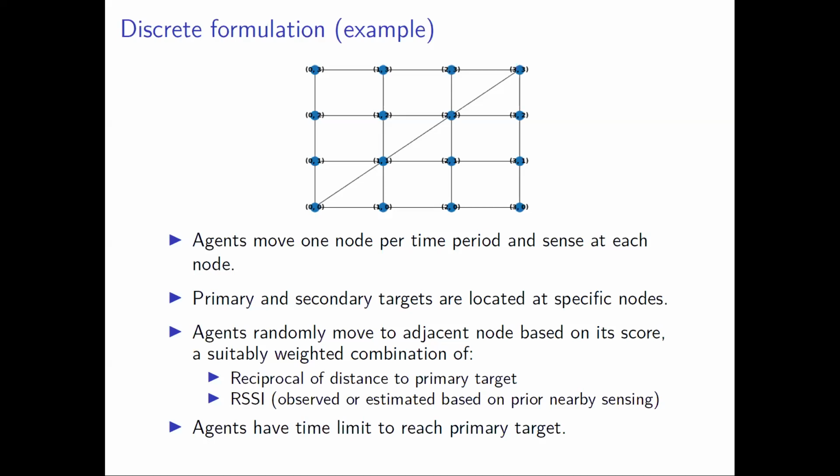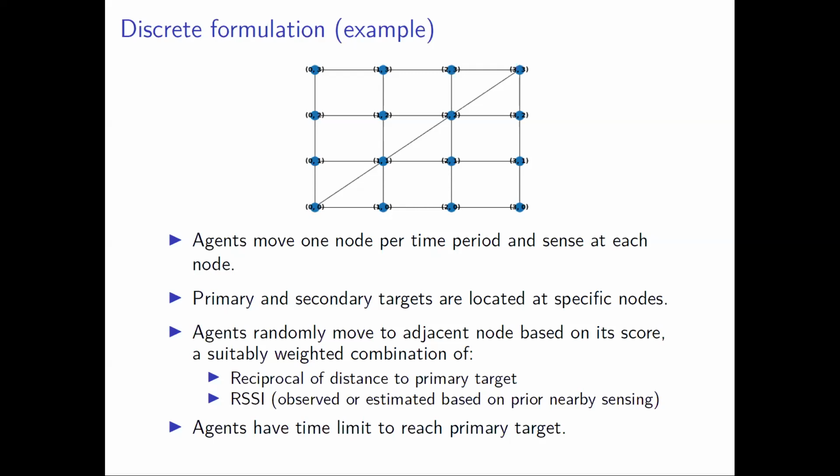For example, we might interpolate the value of the RSSI for a node we're interested in moving towards based on other RSSI values that we've already sensed nearby. The other piece of information is the distance to the primary target, specifically 1 over the distance, and this serves as a way to guide the agents towards their primary objective.